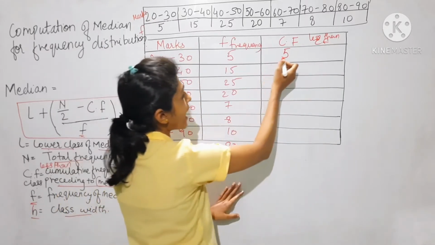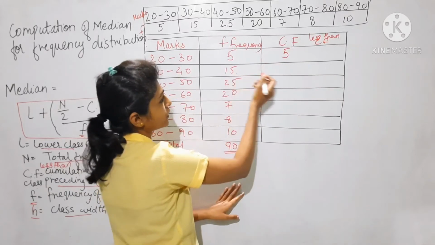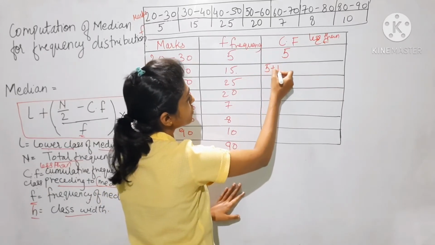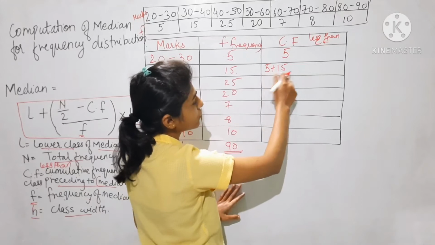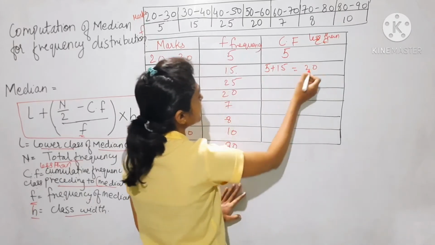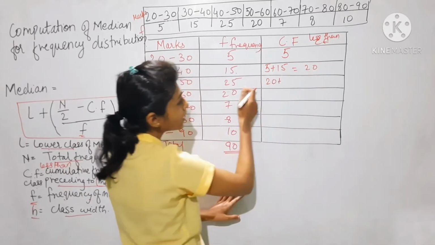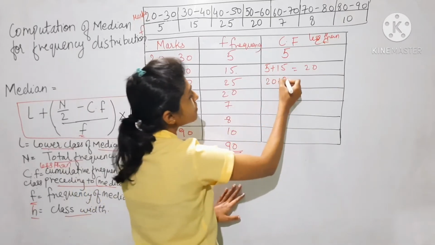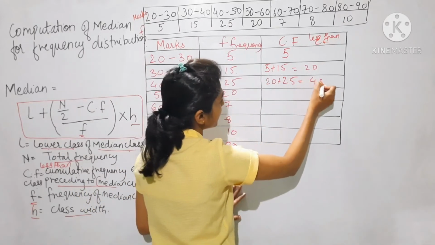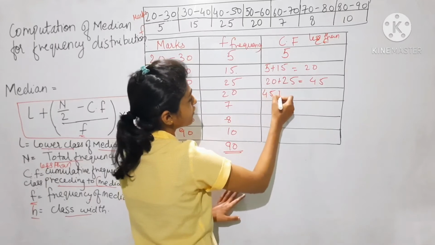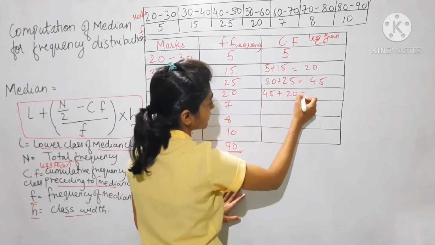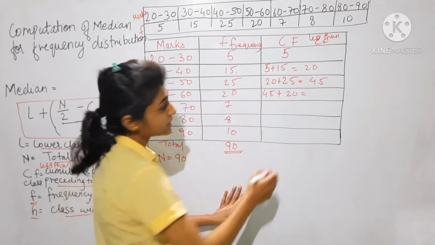Then add 5 plus 15, means the next class frequency you will add, that is 5 plus 15, you get 20, then 20 plus, diagonally you are going to add, 25 you get 45. So 45 plus 20 you get 65.